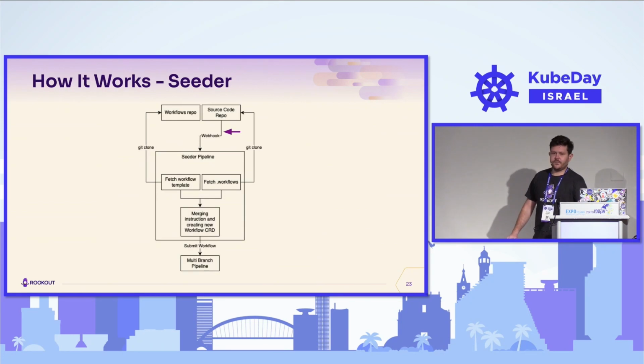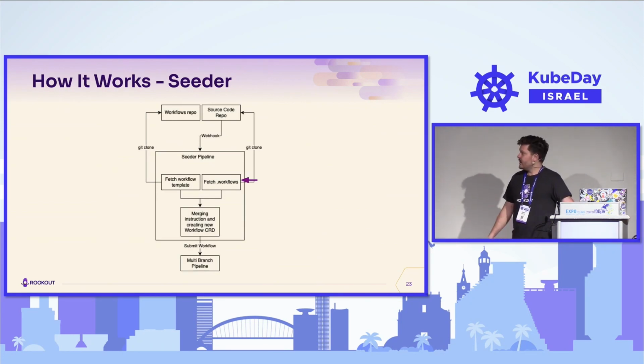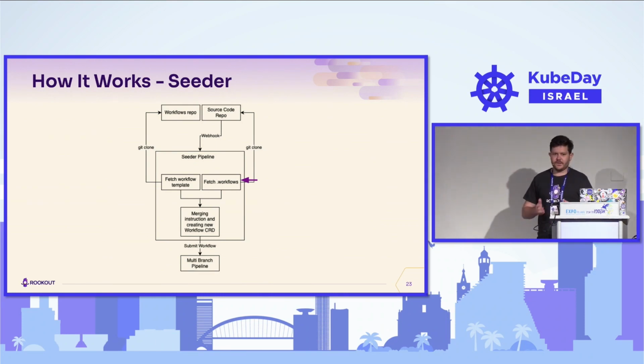So the process begins with the webhook again, and then we're going to have two sources for our workflow. Actually, a template of the workflow itself. It's not a workflow template CRD, but just a workflow CRD that has all the spec inside, all the default configuration inside.